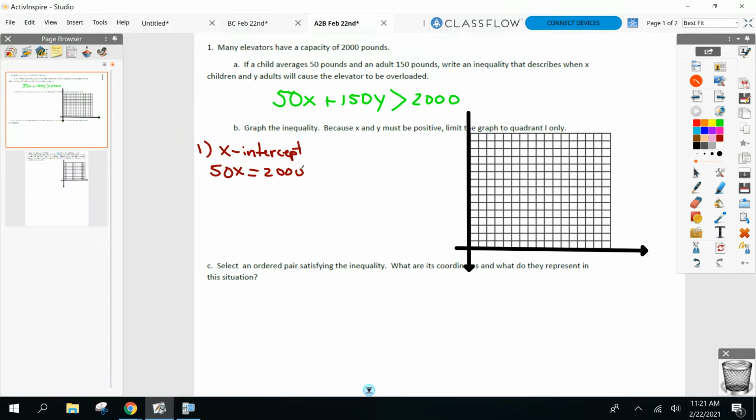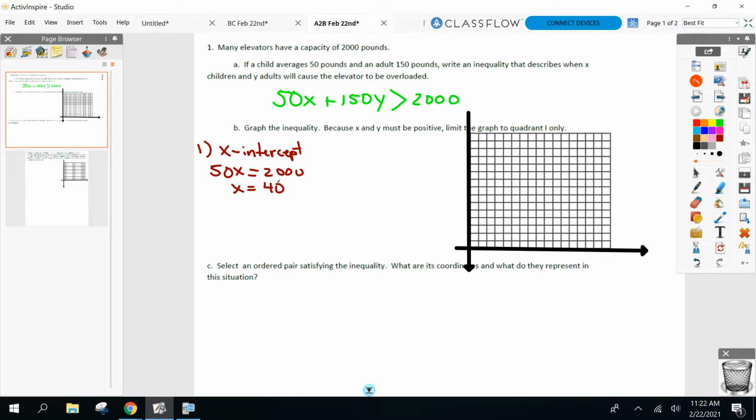You guys grab your calcs, divide both sides by 50. And it'll be x equals 40.